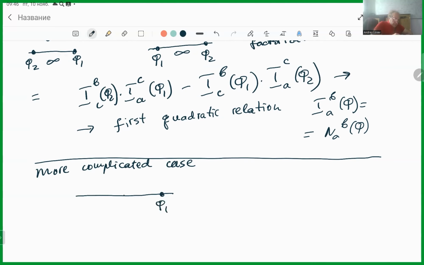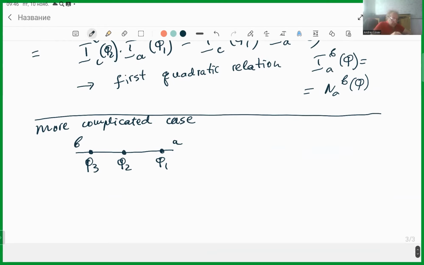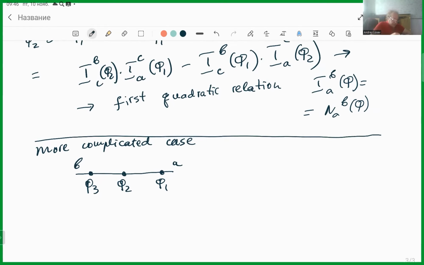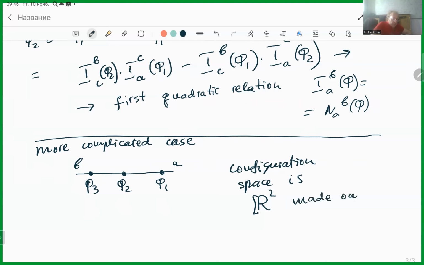Phi 1, phi 2, phi 3, A, B. So now the configuration space is R squared made out of 6 R plus squares.